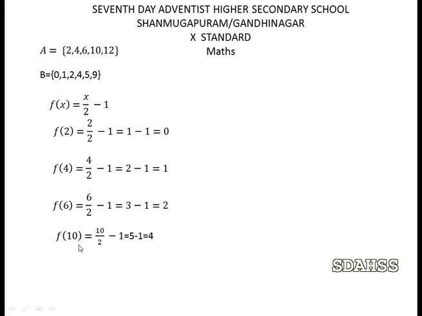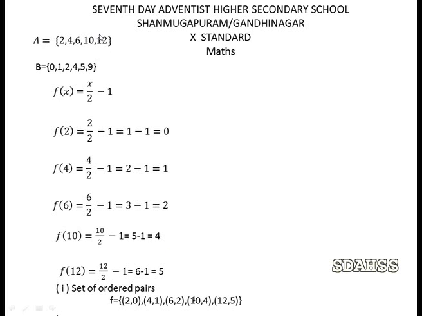So f(10) = 10/2 − 1 = 5 − 1 = 4. Finally, substitute the last value x = 12 in the function. So f(12) = 12/2 − 1 = 6 − 1 = 5.